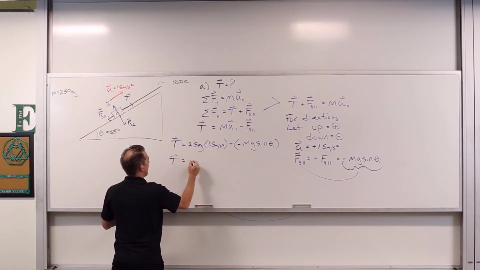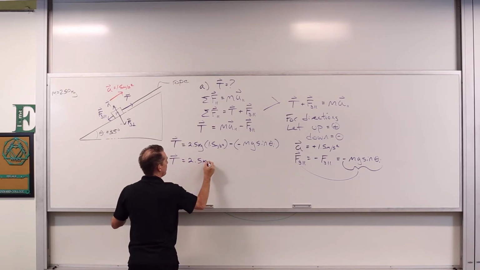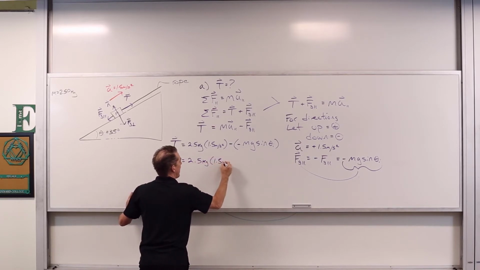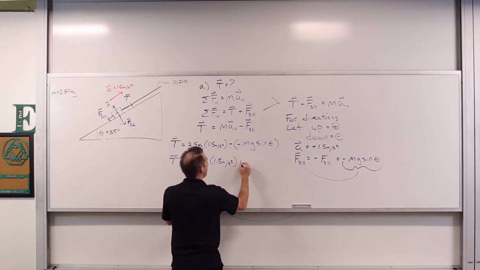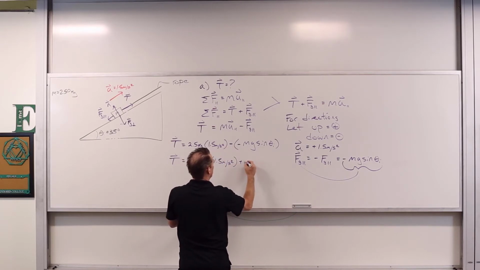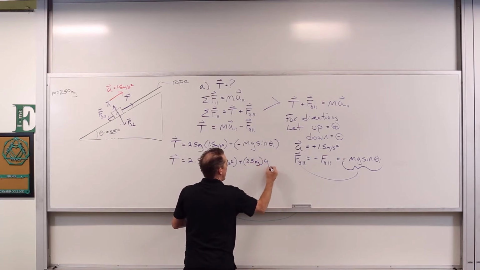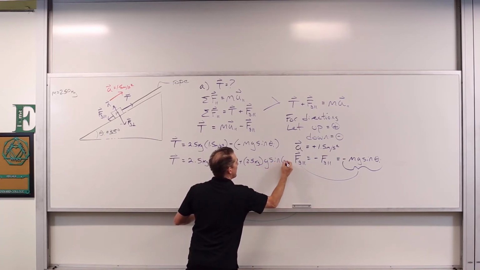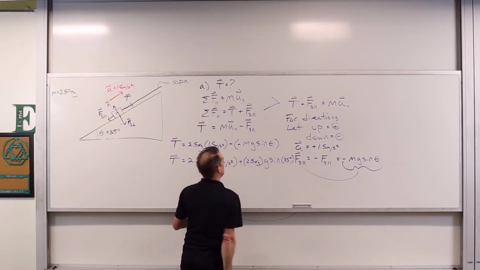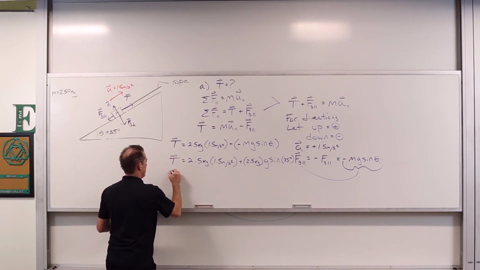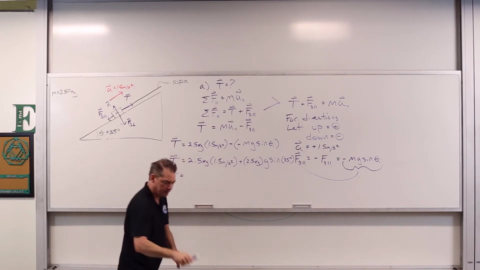We can write this out as T is equal to 2.5 kilograms multiplied by 1.5 meters per second squared plus 2.5 kilograms times g times the sine of 35 degrees. And what does that give us overall?